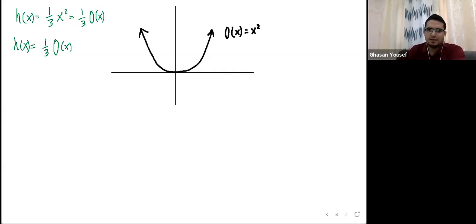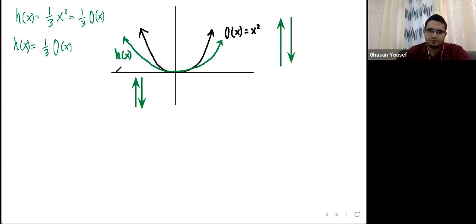Vertically shrinking means I have to do it vertically, up and down, and shrinking means we have to push the function to the ground. The ground is my x-axis. So the graph will be like this. This is the graph of h of x. Everything will be closing to the x-axis.